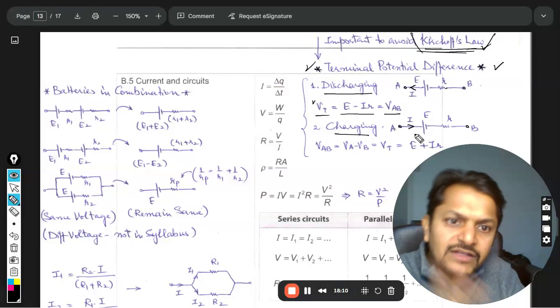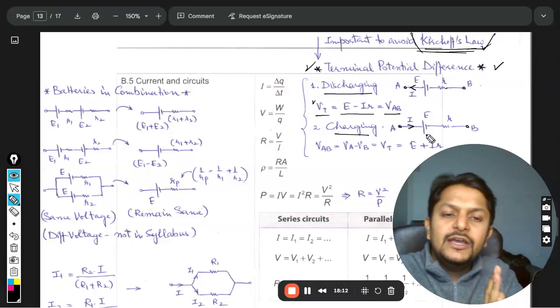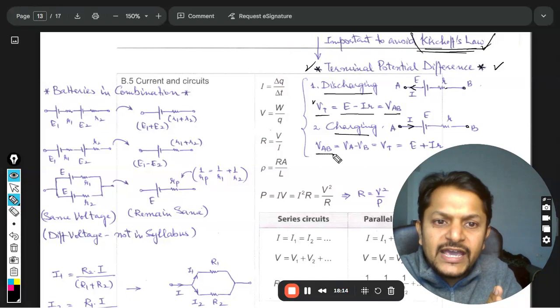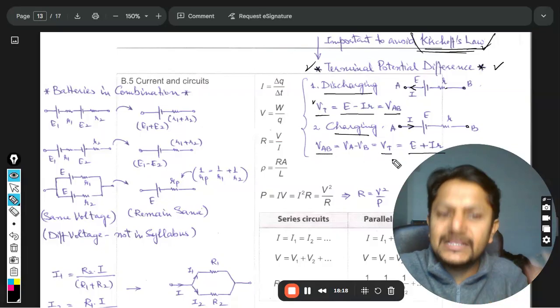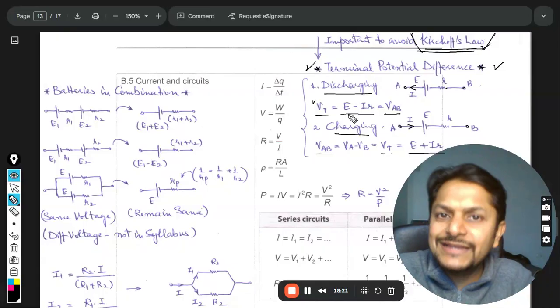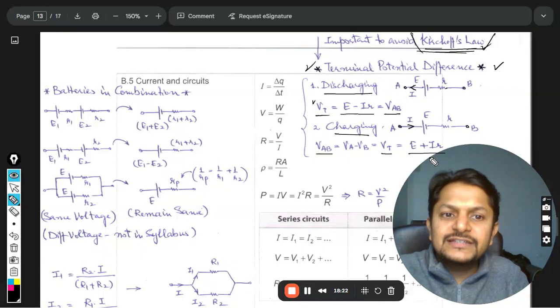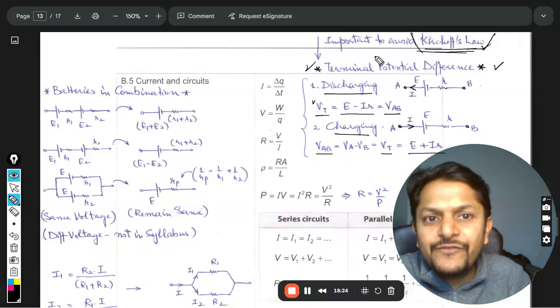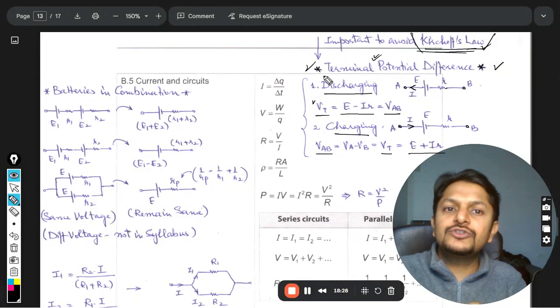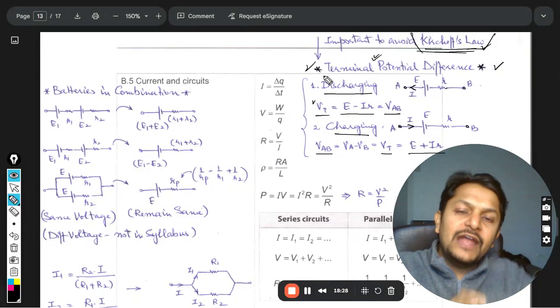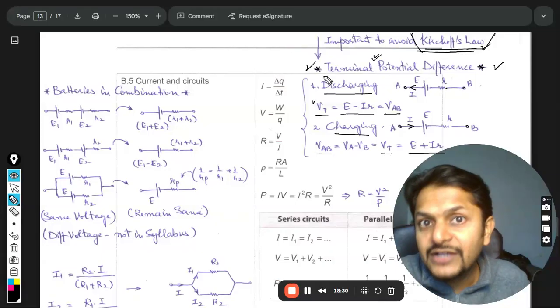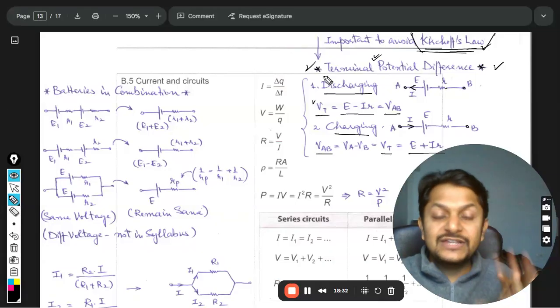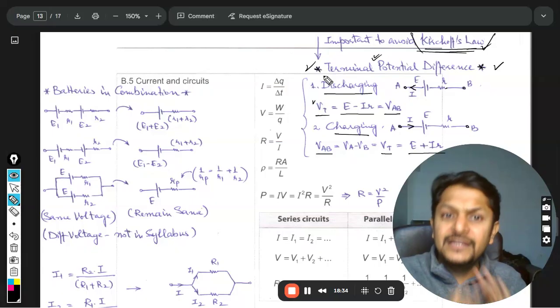So in charging, when the current is entering into the battery, the voltage difference VAB, or the terminal potential difference, will be equal to E plus IR. Here it is E minus IR. Here it is E plus IR. So this is a very good tool to be used if you are not ready to use Kirchhoff's law. So my advice is, this is still a gray zone, but please do not leave it.